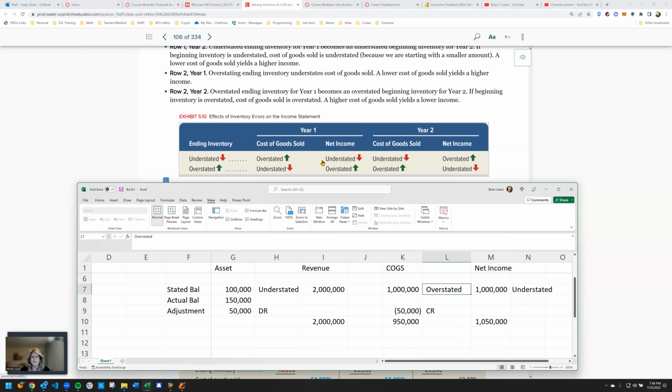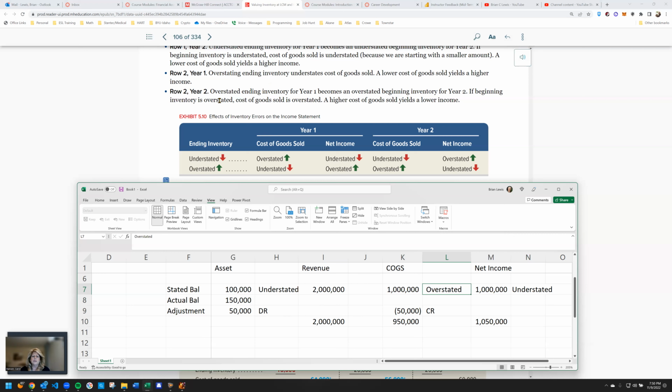Then effectively year two is just the opposite, because these numbers aren't stated correctly, so the year after that would just be the reverse of what you see here. It walks you through that right here.